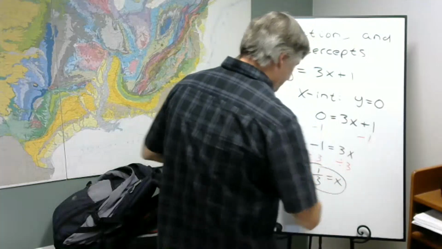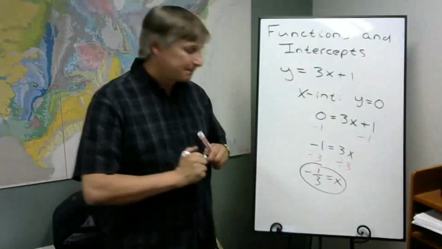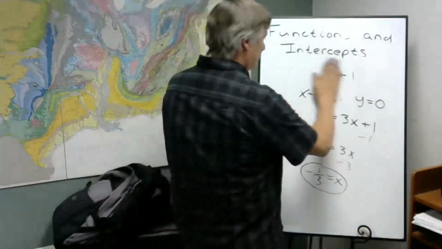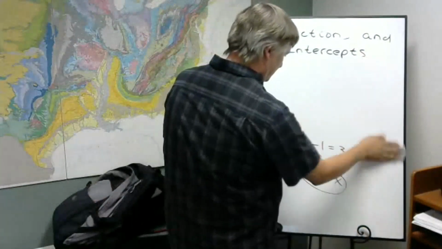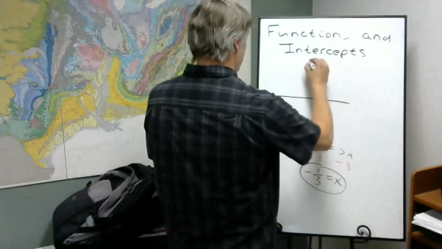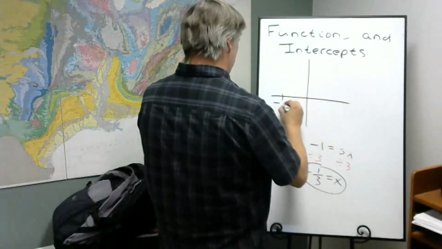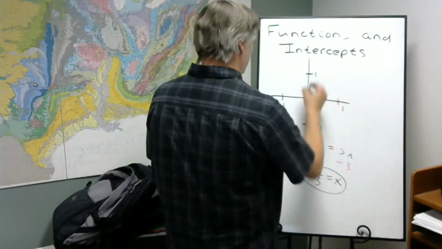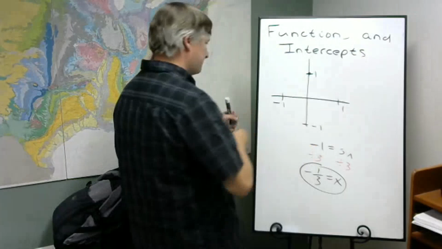And we're going to get this. x is negative 1/3. So if we were to graph this, the y-intercept would be here.